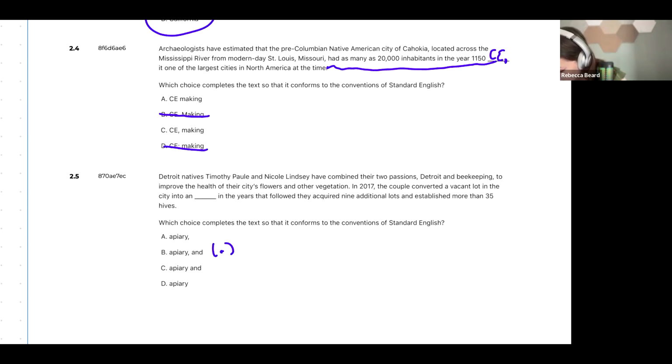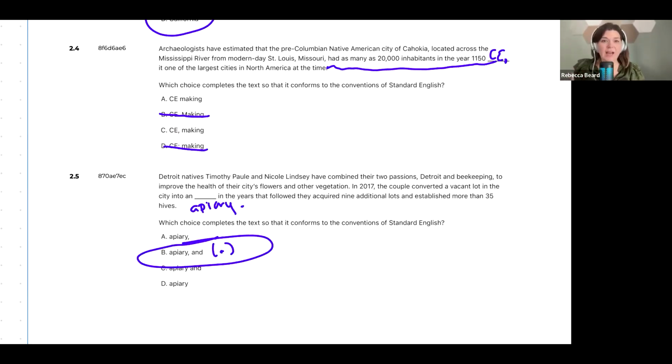So on this one here, I would test the period first. So let's see if we can put a period. The couple converted a vacant lot into a garden. Okay, on the left side, that's an independent clause. And then in the years that followed, they acquired 9 additional lots and established more than 35 hives. So since I can put a period there, that one is going to be correct.